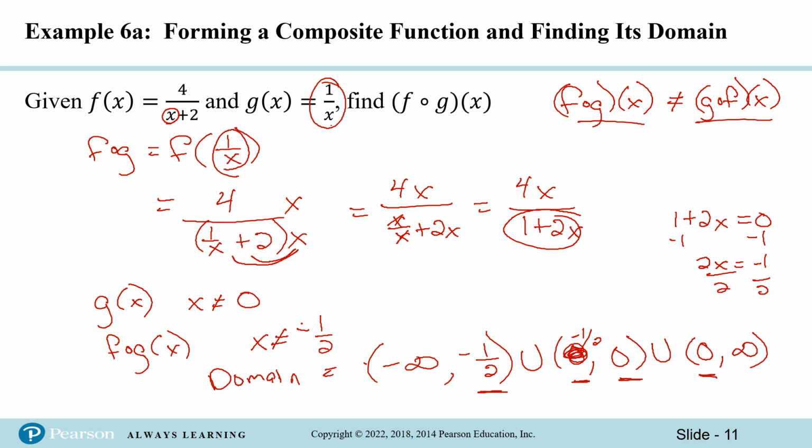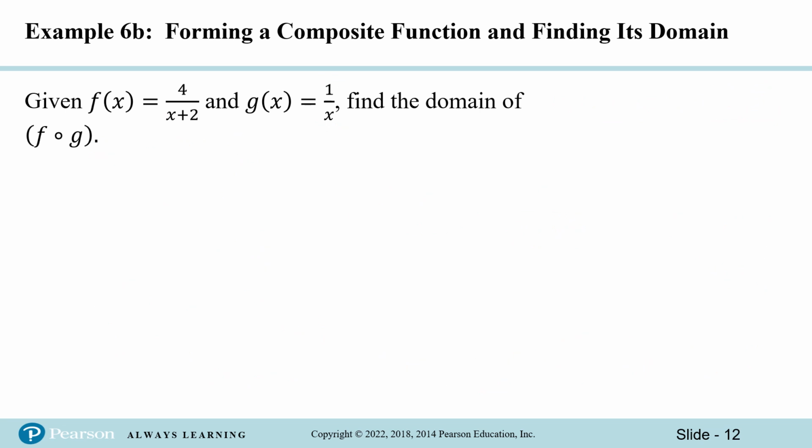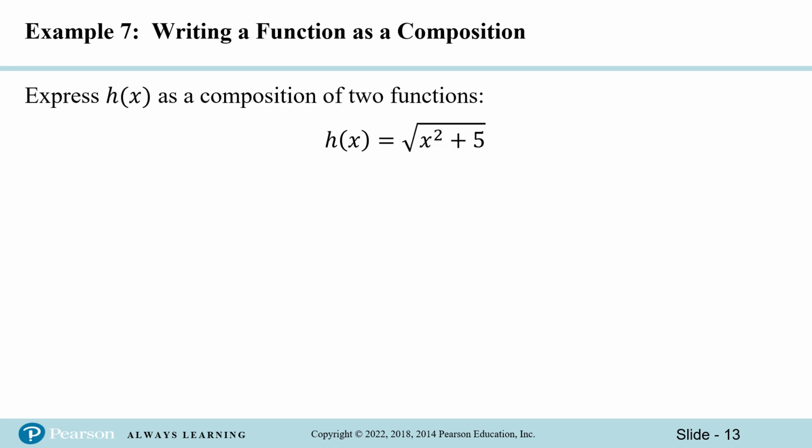All right, what next? I already did that. We already found the domain. Okay, so now we start with a composite function. It's already been composed. We already have one function inside of the other.